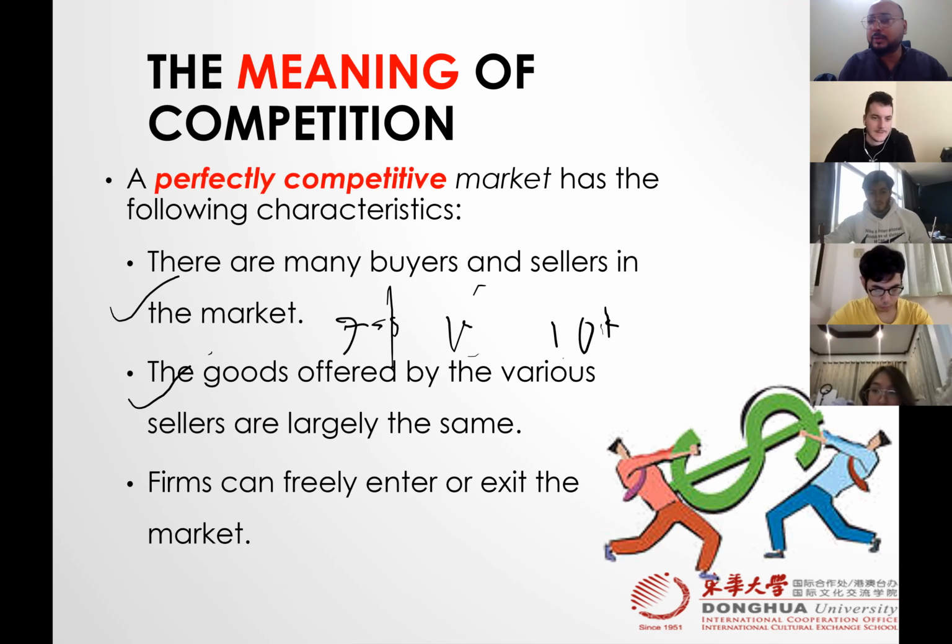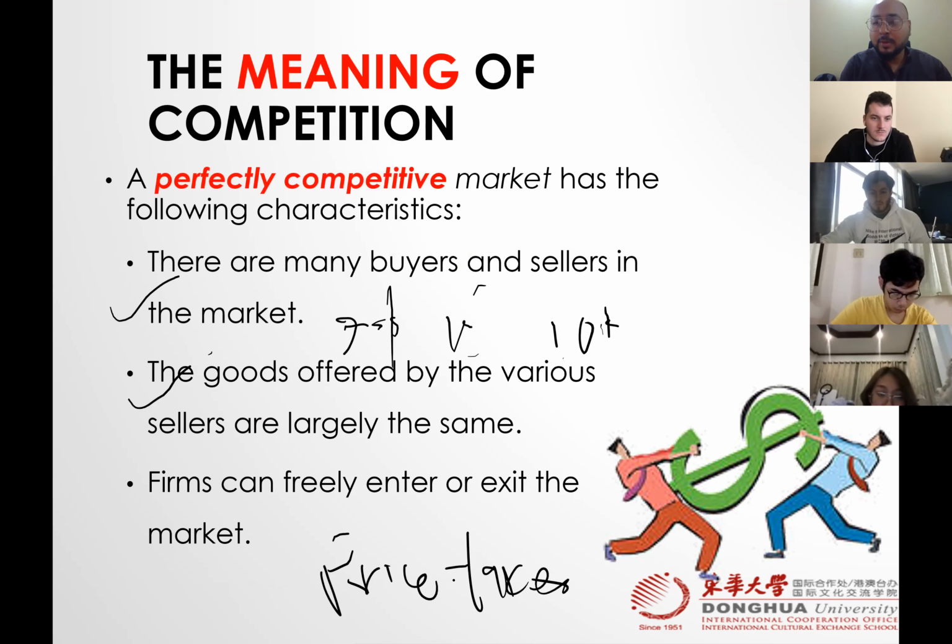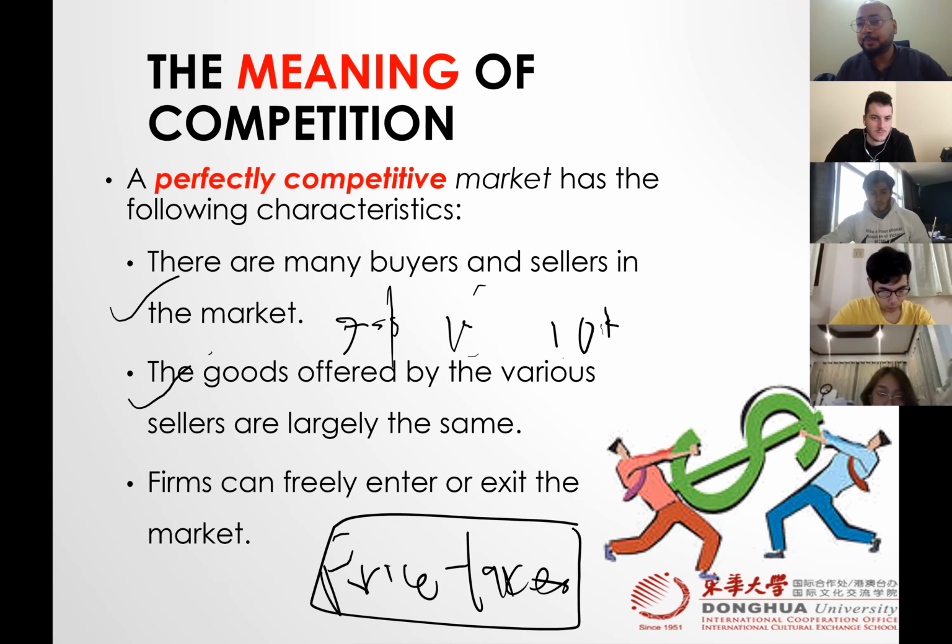That's why both are called price takers, right? Whatever the price is in the market, everybody takes that. If you can produce the goods and sell at that price, you will survive in the market as a seller and remain in the market, otherwise you exit the market.